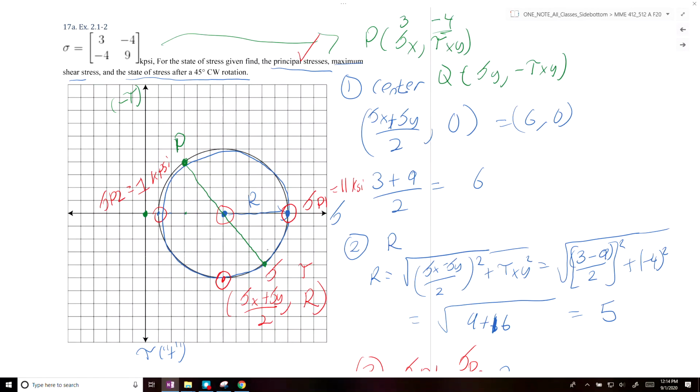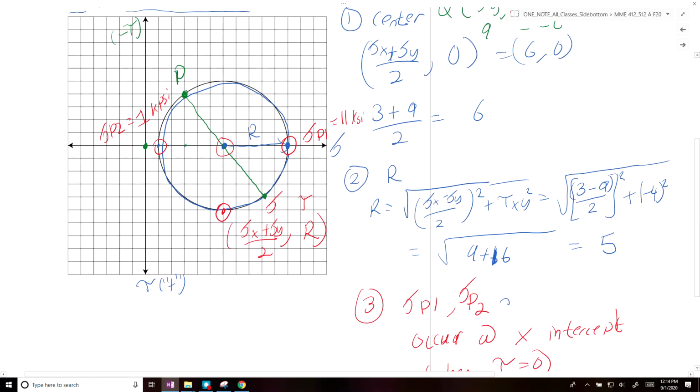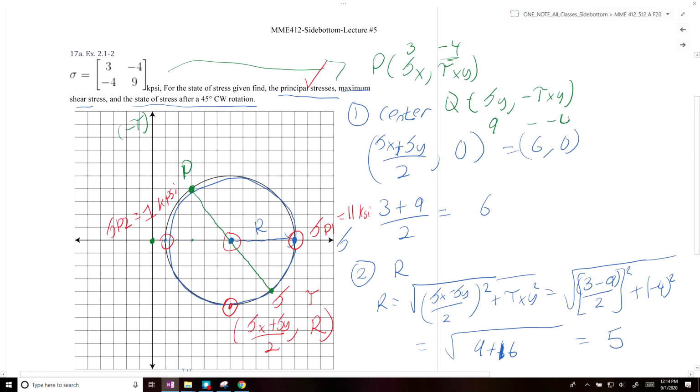Point Q is going to be at 9 and then positive, minus negative 4, which is the same thing as being 9, 4. Right? So if we look at the x-axis, we can count 1, 2, 3, 4, 5, 6, 7, 8, 9, and then we can go up positive 4, 1, 2, 3, 4. Okay, so this will be our point Q.